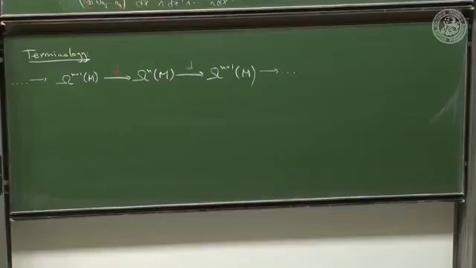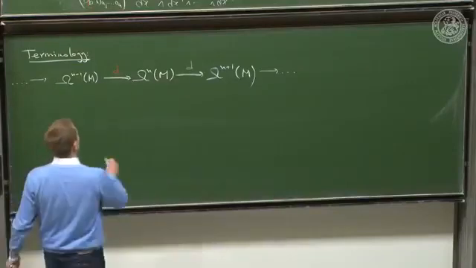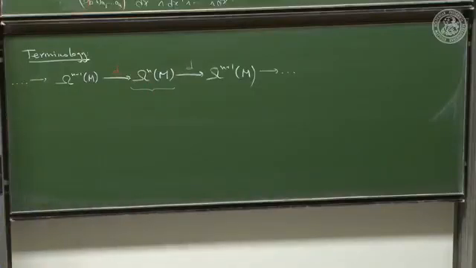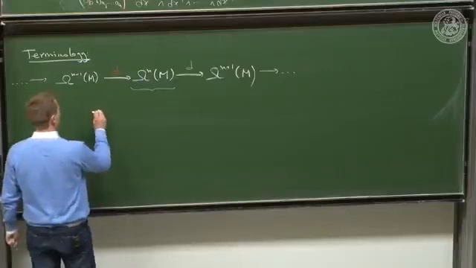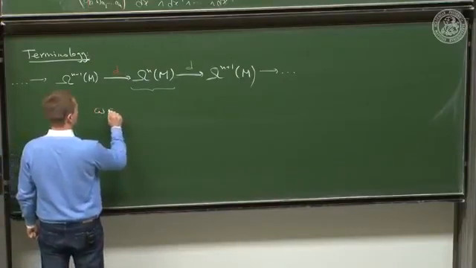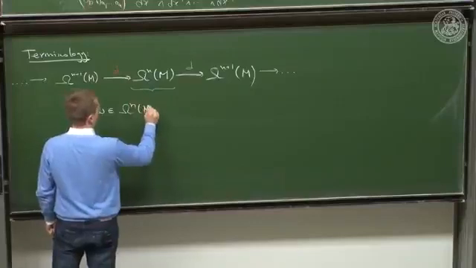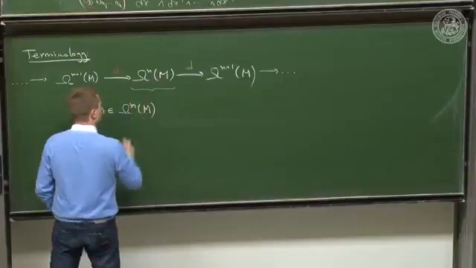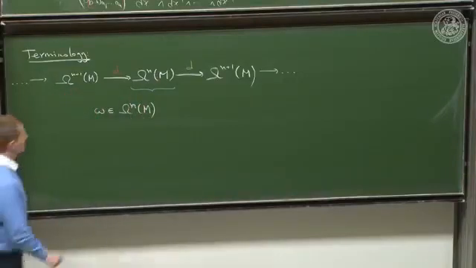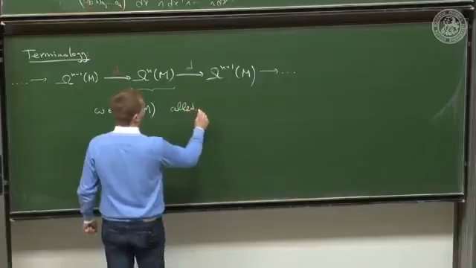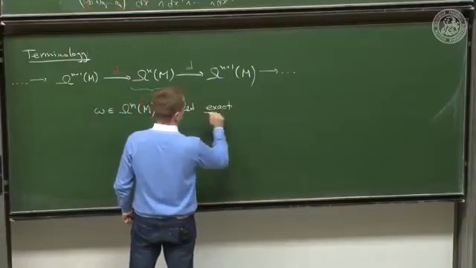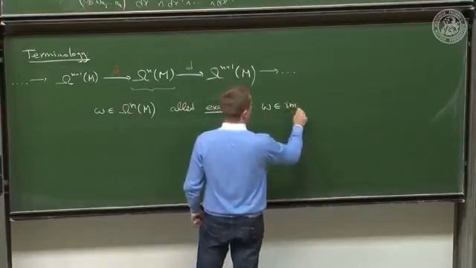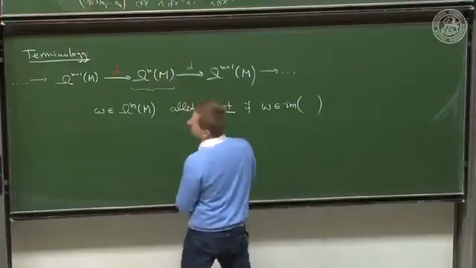Now we want to subclassify forms in this space. So we call an omega in omega n of m, in this blue space here, an n form called exact if this omega lies in the image of the red one.